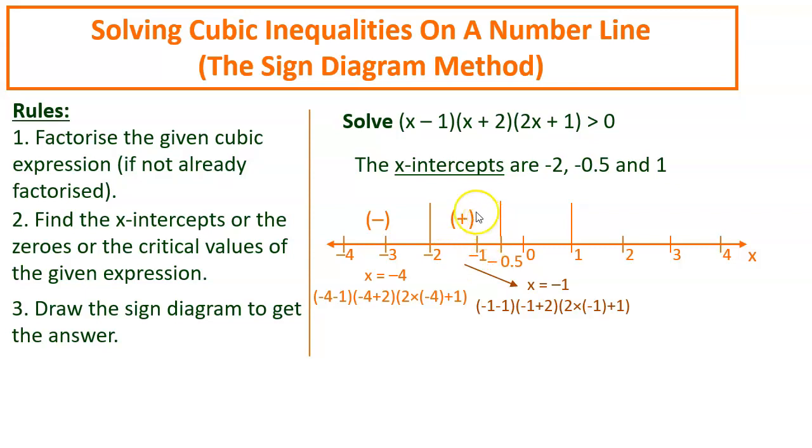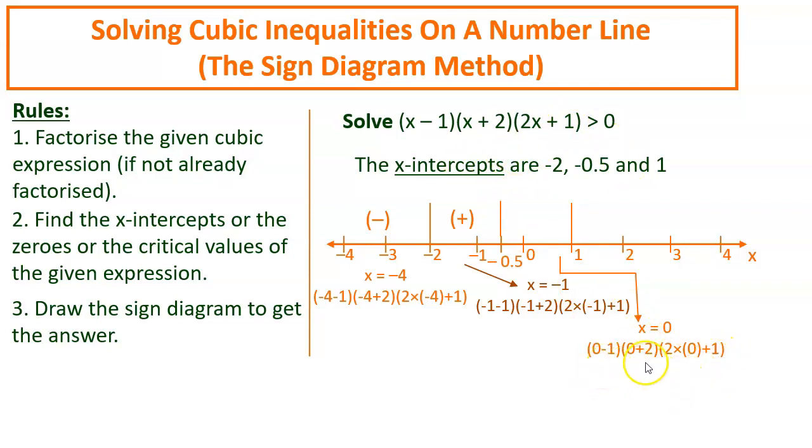Okay. So this region is of interest to us, but we have to try the other regions also to find out whether they have positive products as well. So we come to this region from negative half to positive 1. And I have taken x equals 0 from this region. 0 minus 1 and 0 plus 2 and 2 times 0 plus 1.